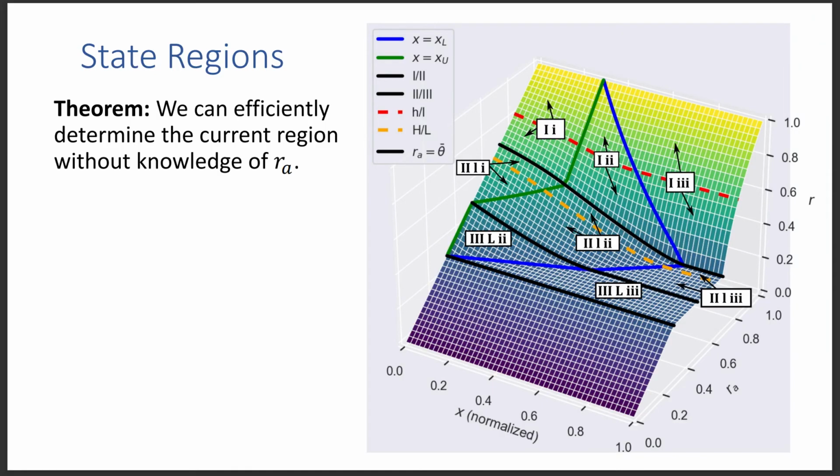So the algorithm has two steps. The first one is we notice that we can split up this graph, the same graph, into a number of discrete regions. This is basically splitting it up by all of the case distinctions you saw a few slides earlier. And we can actually show that we can detect in which region we are without knowing the anchor point, given only x and r.